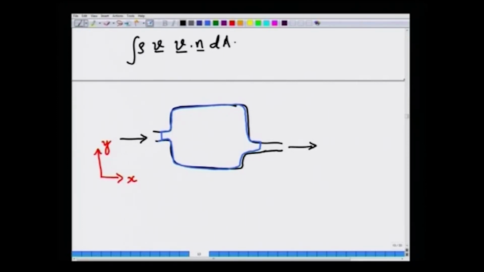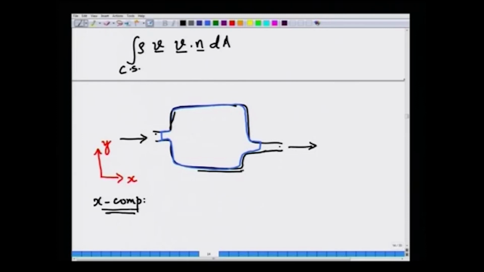This is the term that we are trying to understand carefully over the control surfaces. Now, there is no flow in this part of the control surface. So, the flow is only through the entry and exit. Now, if you have the coordinate system like this, I want to write the x component of the term. This is a vector equation, remember.